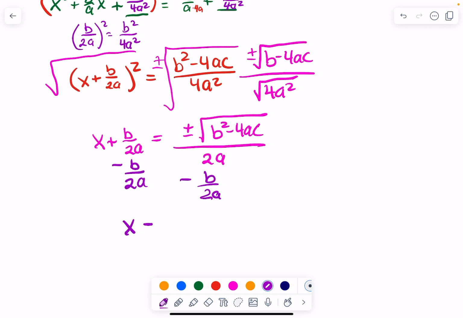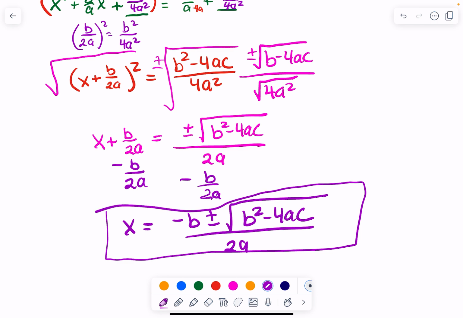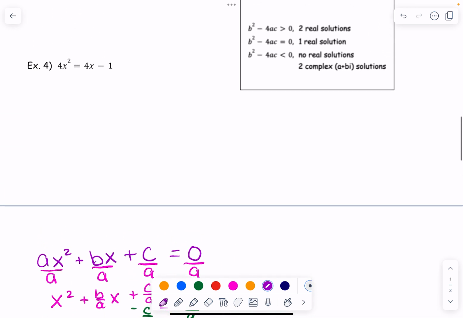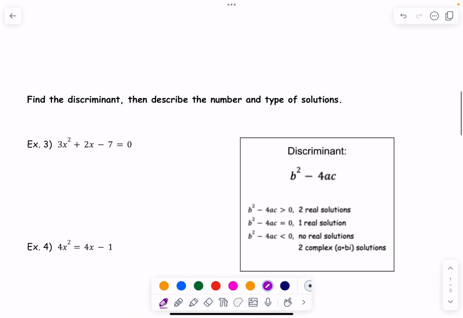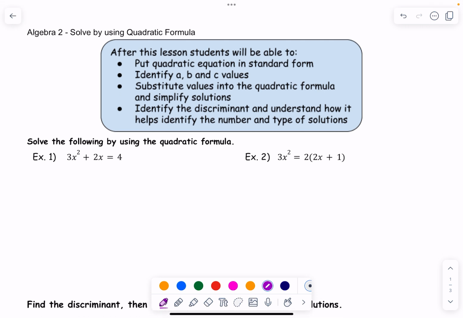And so x is equal to the opposite of b plus or minus the square root of b squared minus 4ac over our common denominator of 2a. And there's our quadratic formula. So we got the quadratic formula by just applying the complete the square method to the quadratic equation.